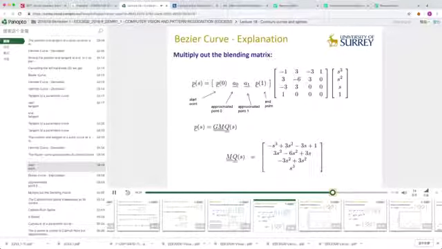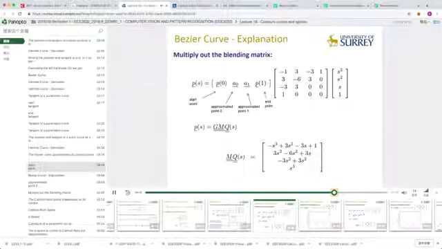So the first element of the 4 in that vector is going to be minus s cubed plus 3s squared minus 3s plus 1, which I've written out here. If we do that for all of these rows, we end up with this multiplied out equation here.